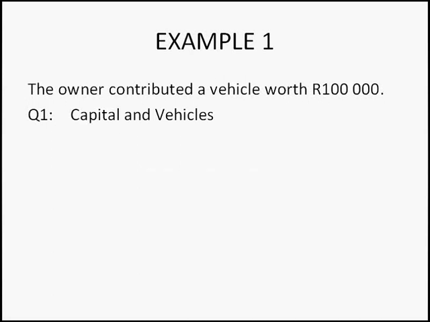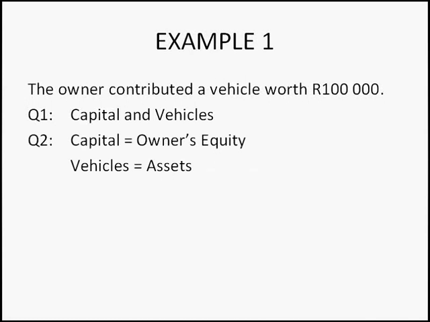The next question says, what type of accounts are they? So we now have to classify them. Again, if you haven't watched the section on classification of accounts yet, please go there and revise it so that you are quite clear on what types of accounts these are, because this is very important going forward. So in terms of question 2, capital can be classified as owner's equity.